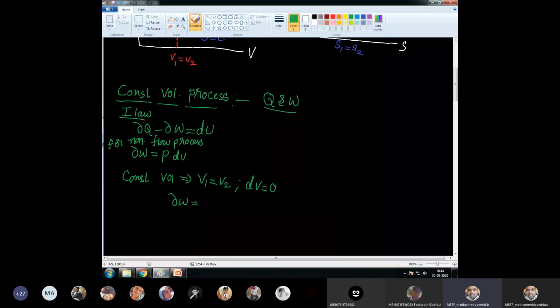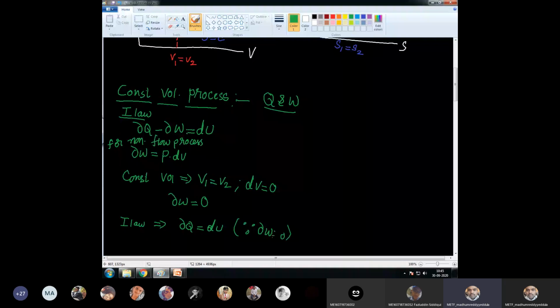Therefore, the first law of thermodynamics can be changed to dou Q is equal to dU, since dou W is equal to 0.